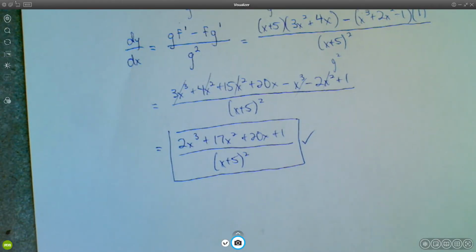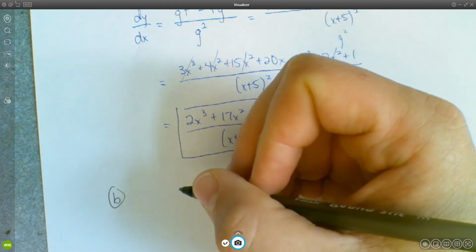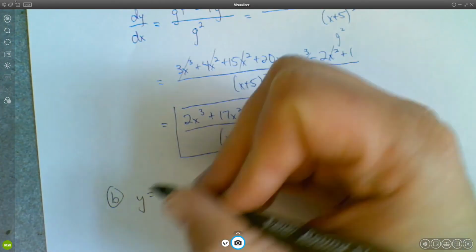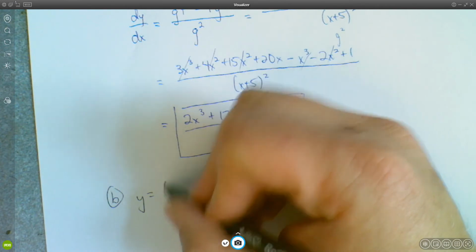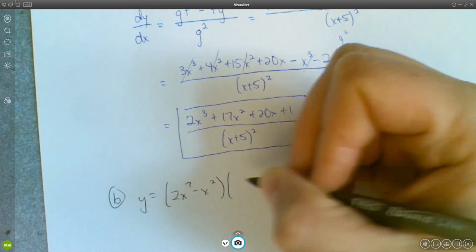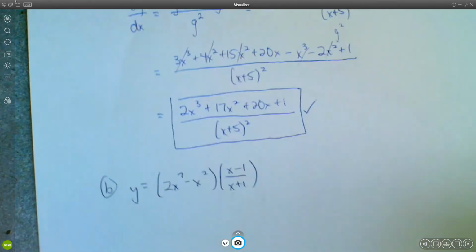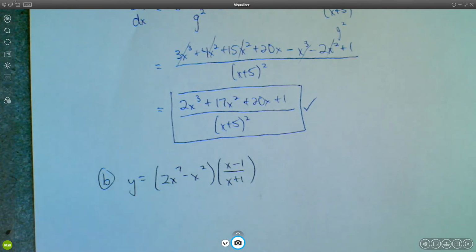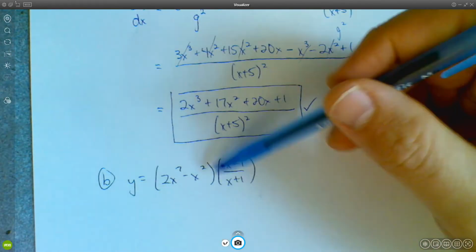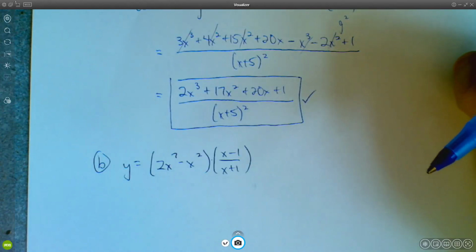Okay, let's do another one. So we'll do y equals 2x to the 7th minus x squared times x minus 1 over x plus 1. Ooh, this is a good one. Because actually what you have is a product rule and then a quotient rule inside of the product rule, right?